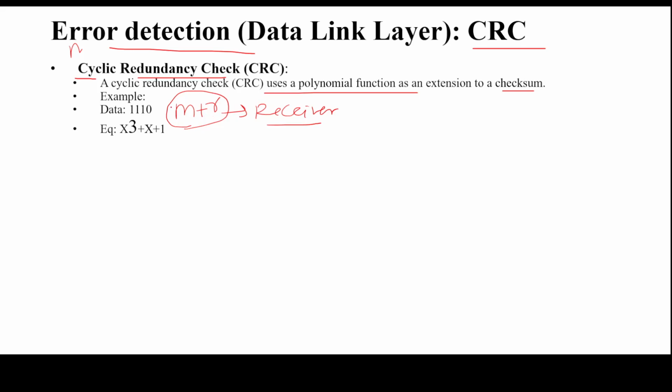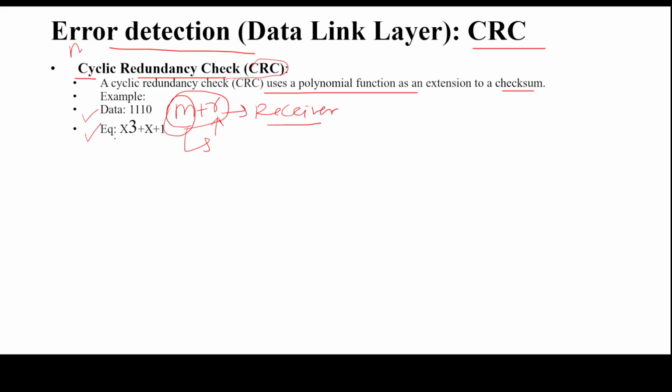Otherwise, if we are sending only the original message, it is a little bit difficult to check the errors from the message. That is why R, meaning redundant CRC bit values, will be added into the original data.